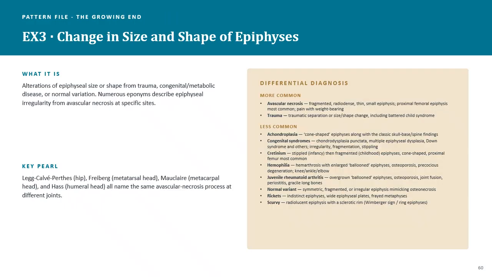The next extremity pattern appears as a change in the size or the shape of the epiphysis. If you go back to your anatomy and physiology class, the epiphysis is at the end of a long bone, right next to the joint.